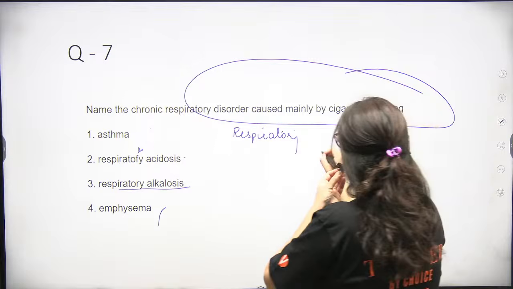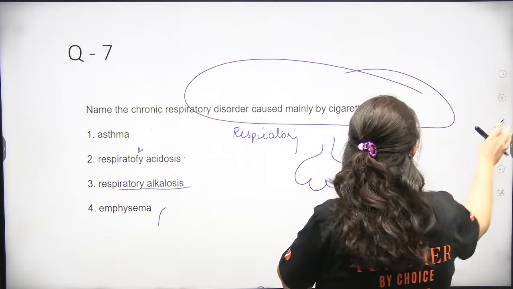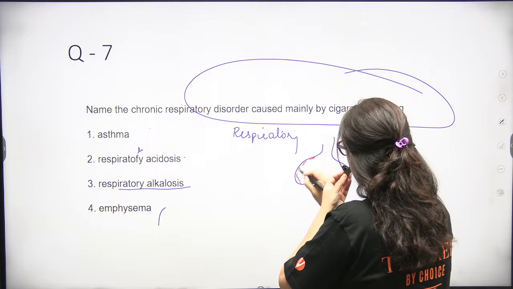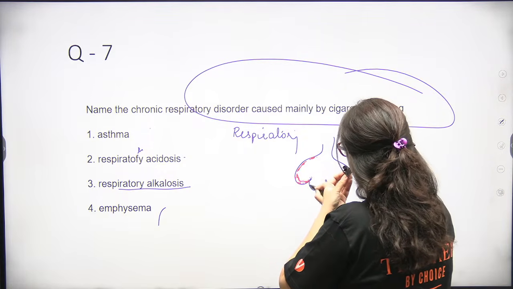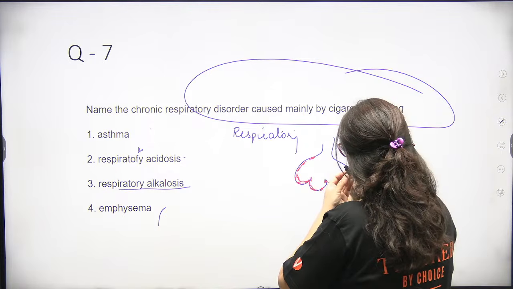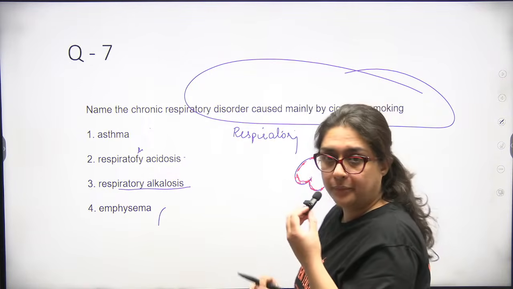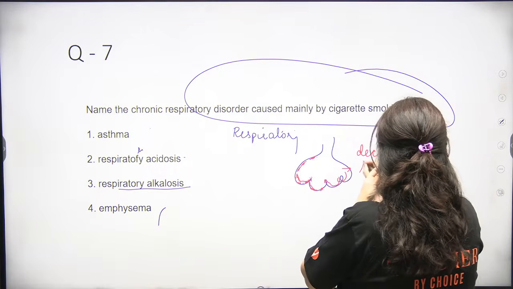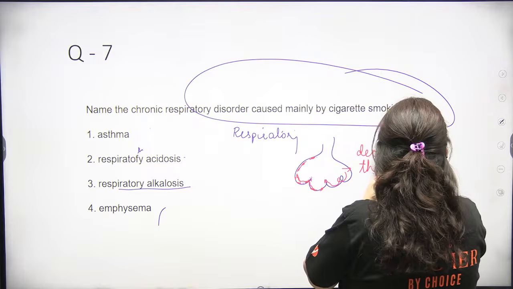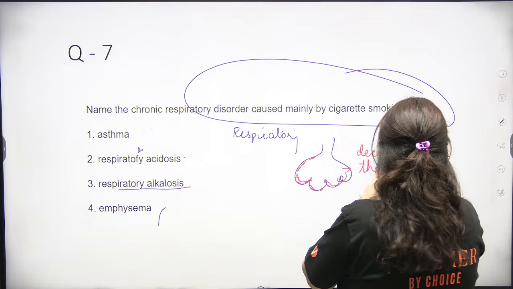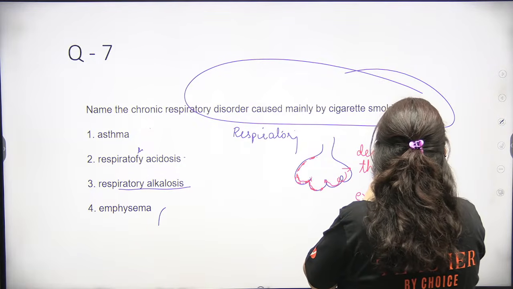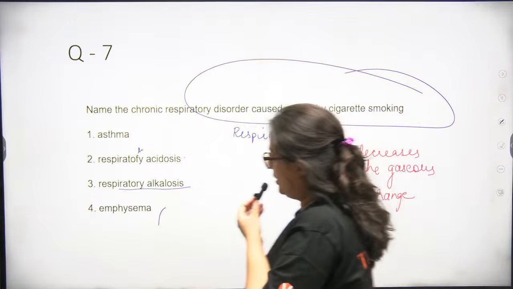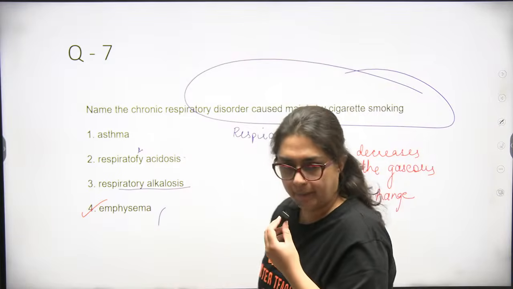Cigarette smoking causes deposition of carbon particles over the wall of alveoli, which decreases gaseous exchange. Done. So this condition is emphysema. Okay, done.